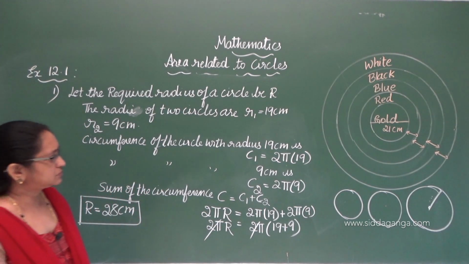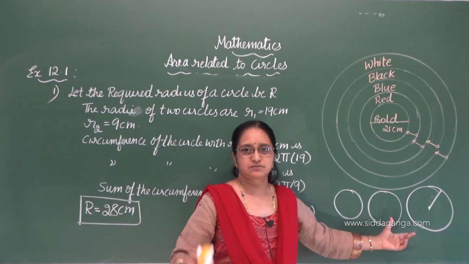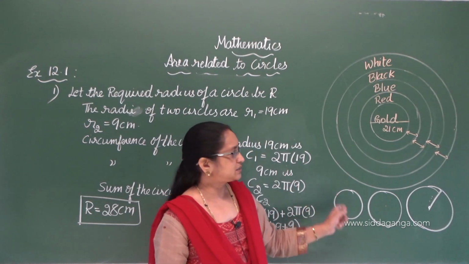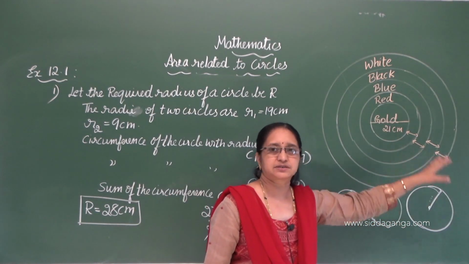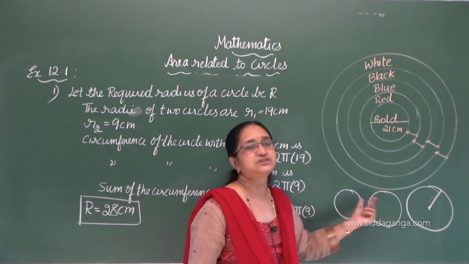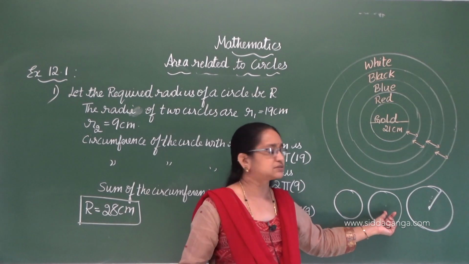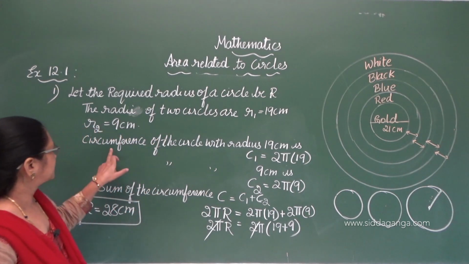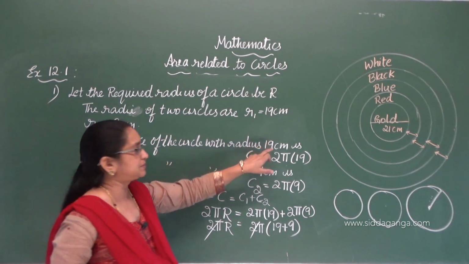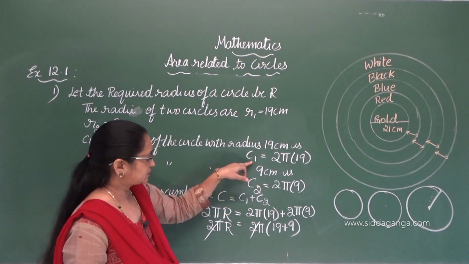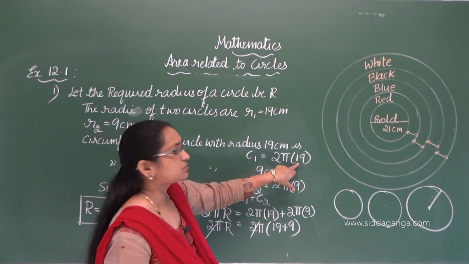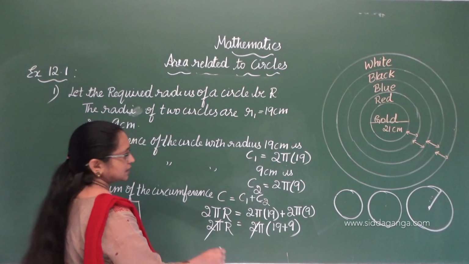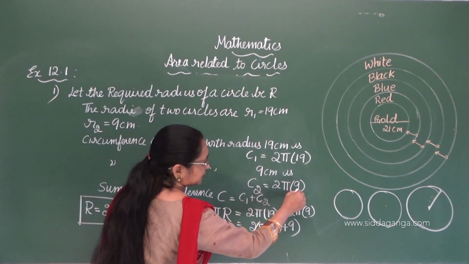I hope you understood. So we have three circles here. One is of radius 19 centimeter, another of radius 9 centimeter, and the circumference of the required circle is the sum of these two circumferences, and you have to find the radius. So this is how we have to find it. The circumference of the circle with radius 19 centimeter is C1, which is 2 pi into 19, R1 is 19, and in the second case C2 is equal to 2 pi 9.